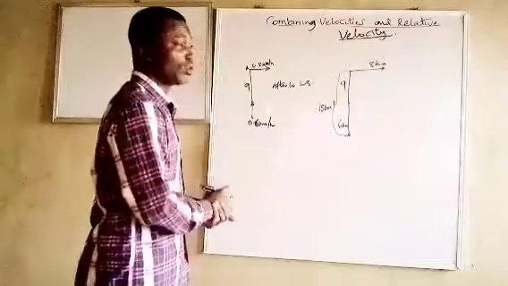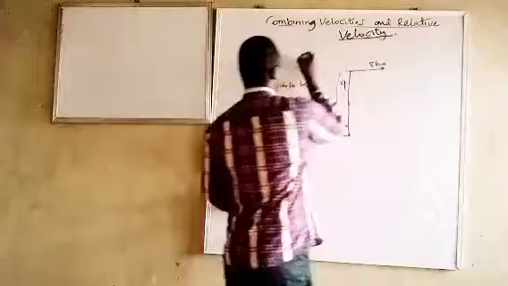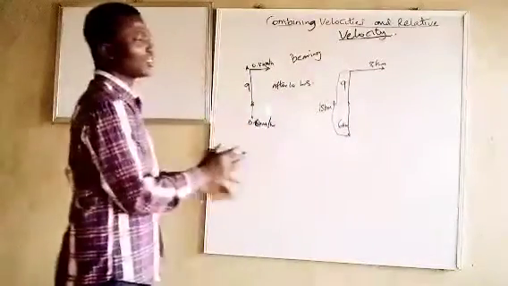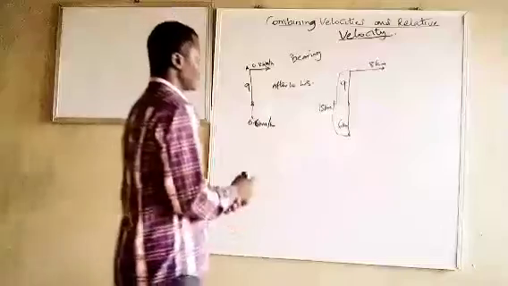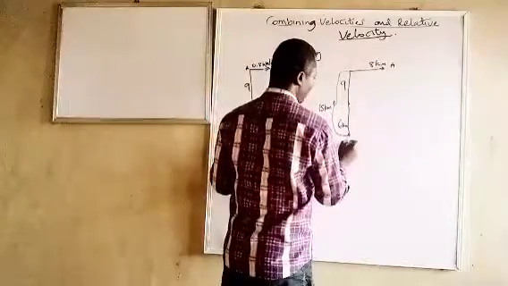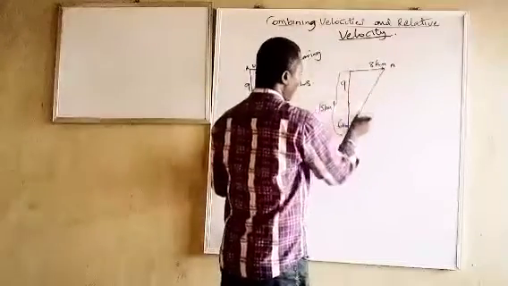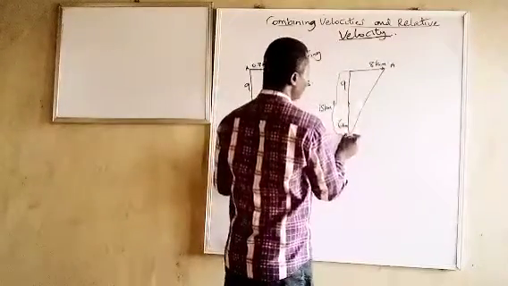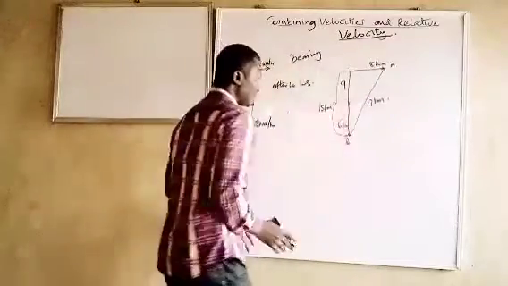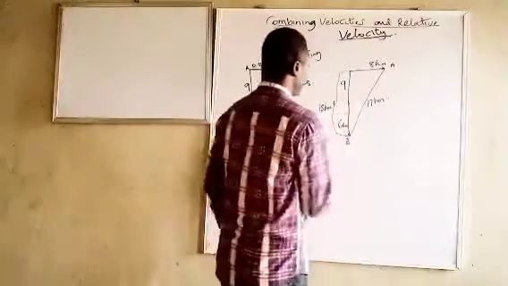This is very similar to what we treated in bearing. Remember, bearing. Now, this is A and this is B, just like what we did now. The distance of A from B is 17 kilometers. And what is the direction?